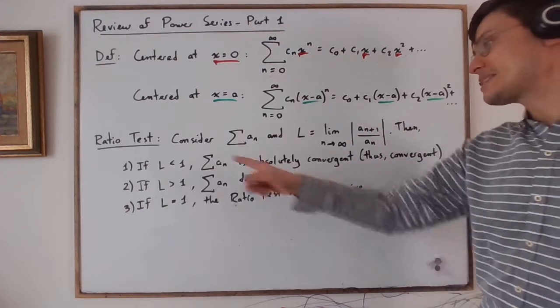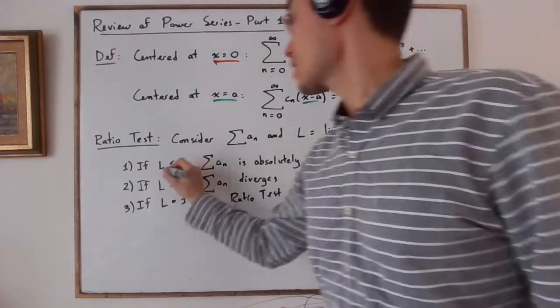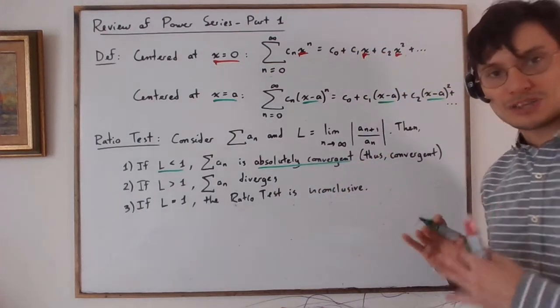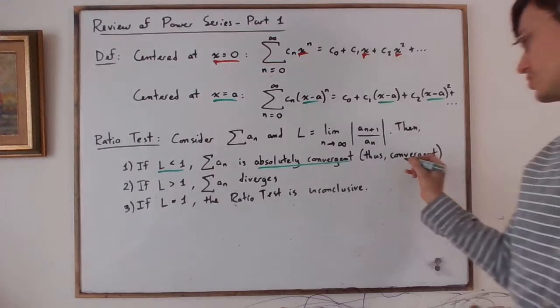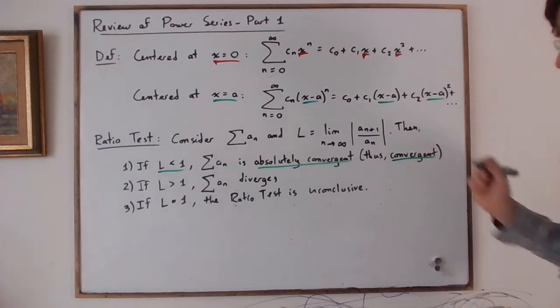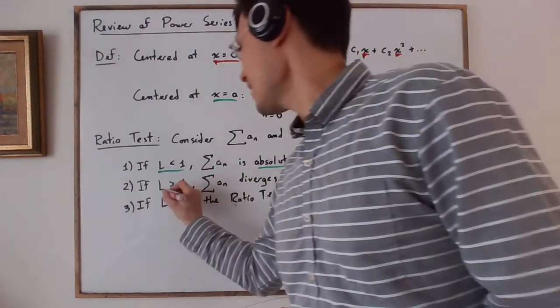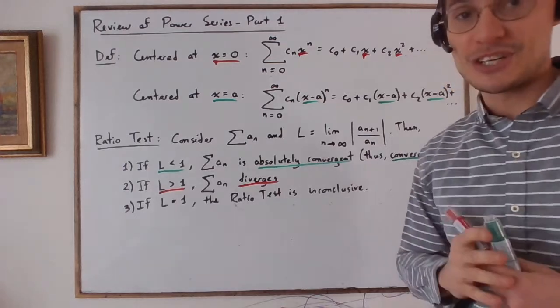Then if that limit is lower than 1, the series is absolutely convergent, okay? We won't focus too much on the word absolutely. I invite you to review it in your Calculus 2 notes. You should know about this. But convergent is what's important here. Now, if L is greater than 1, the series diverges.